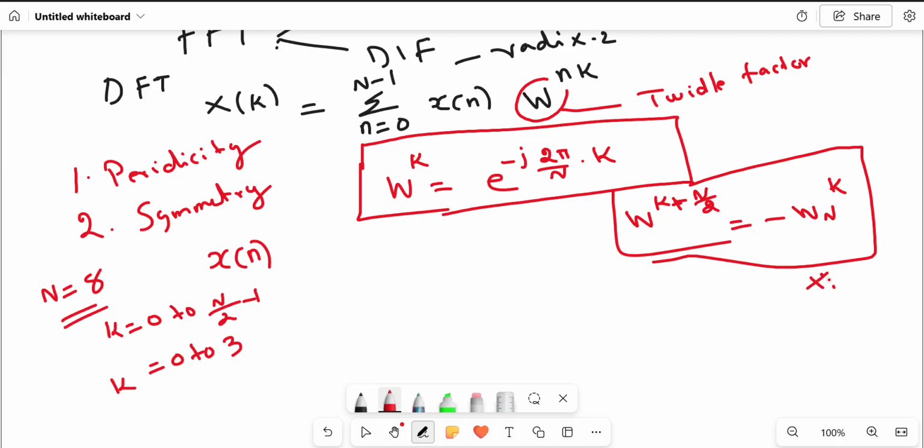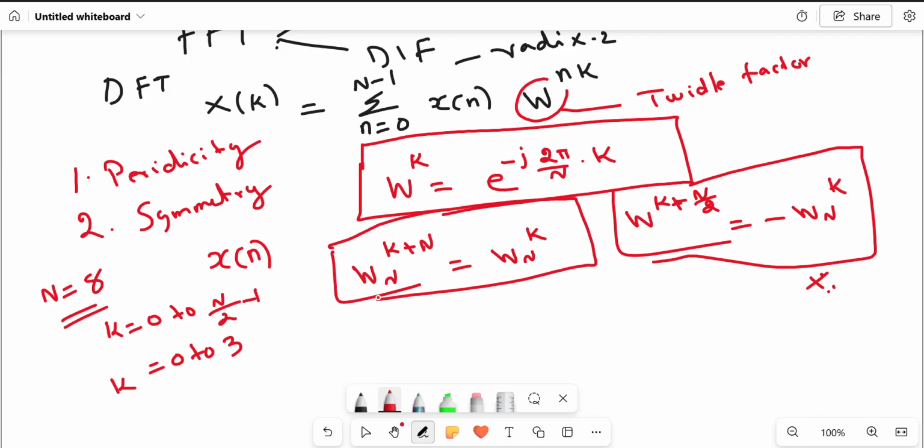And then the periodicity property is W power N k plus N is equal to W N k. So this is also the periodicity property. Because of these properties, the number of computations is reduced for calculating the DFT values.